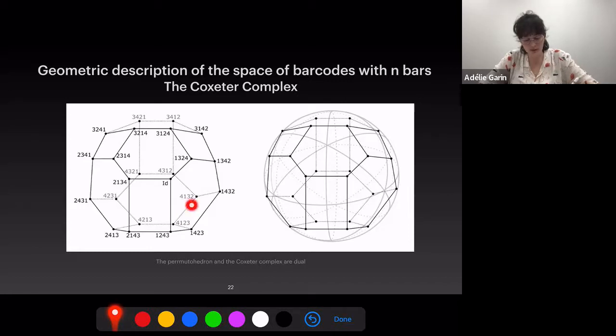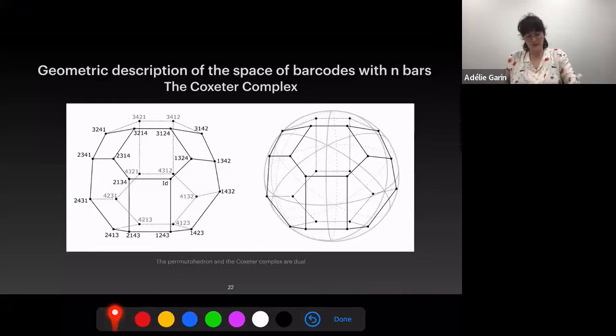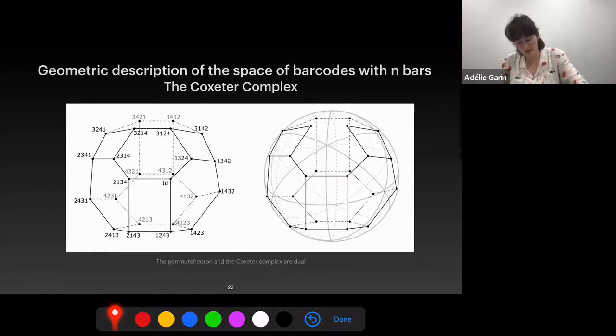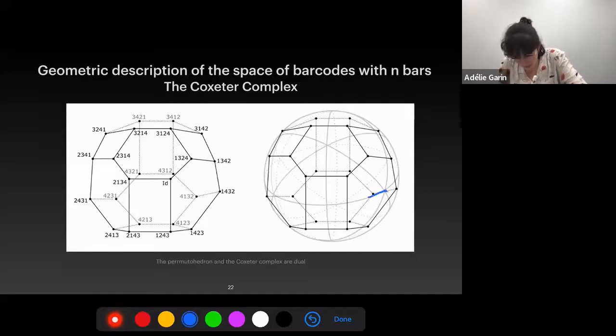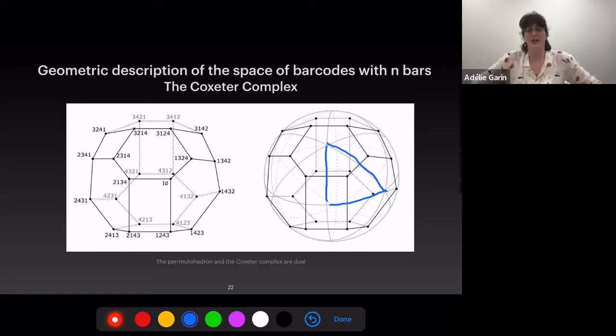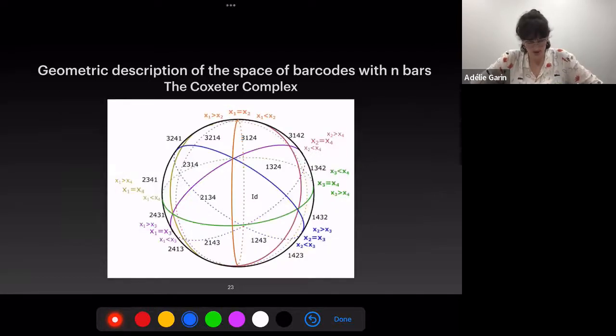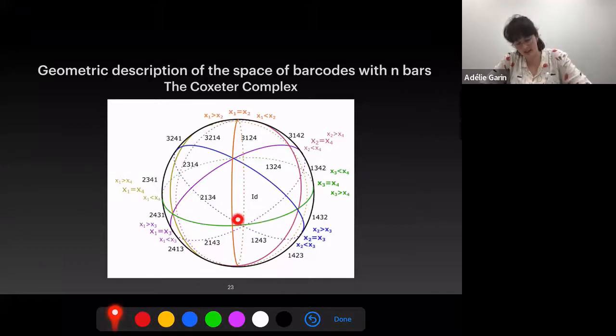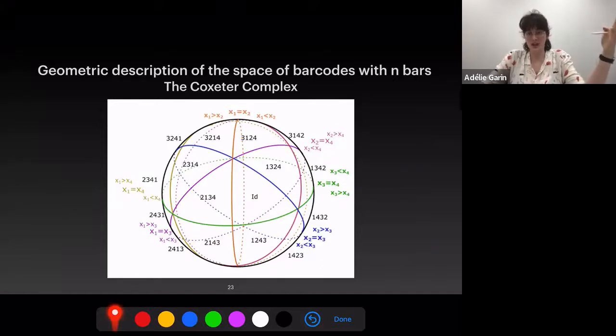And the dual of this is called the Coxeter complex. It's very nice because in the Cayley graph, each vertex has several barcodes associated to it, and we have no continuity. But if we take the dual now, instead of a vertex, we have an entire face corresponding to the permutation. I will show you that in a second. Here it is. So now the identity permutation has an entire face corresponding to it. So this is the Coxeter complex.